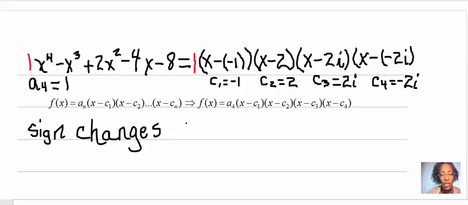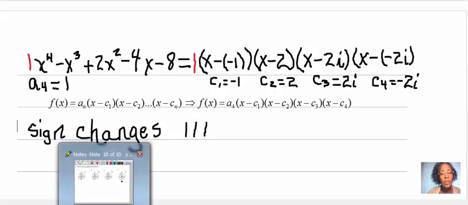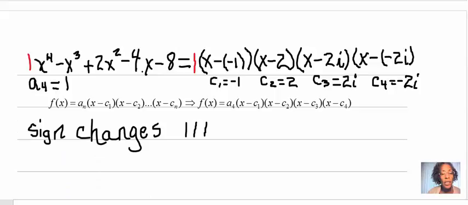So that's one sign change. This coefficient is negative and the next one is positive. That's a second sign change. We go from this positive coefficient to this negative one. That's a third sign change. So the last two coefficients are negative, so that's no sign change. So we have 3 sign changes.